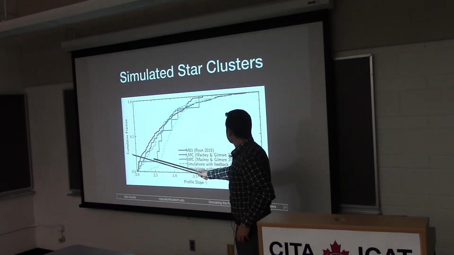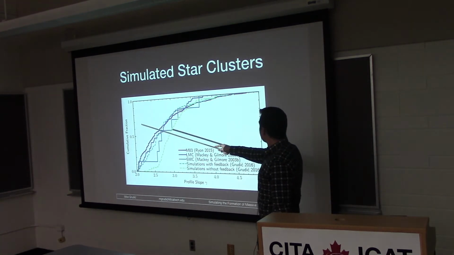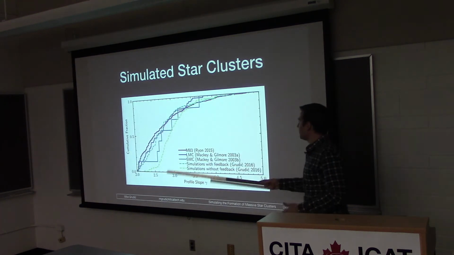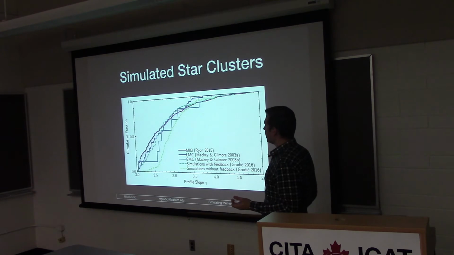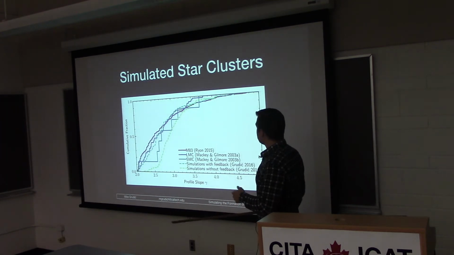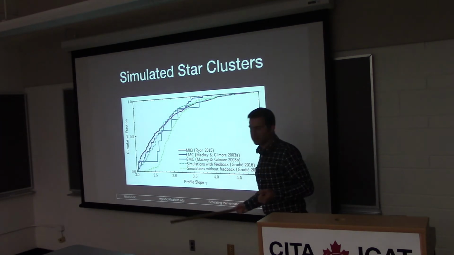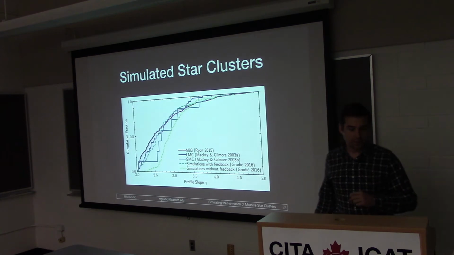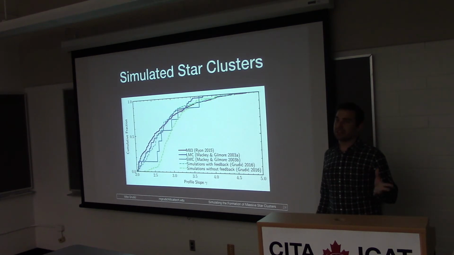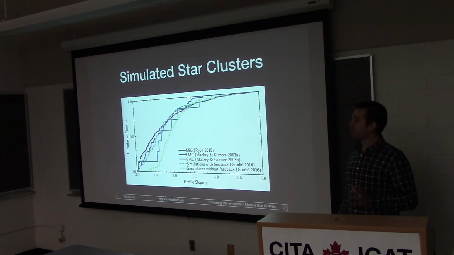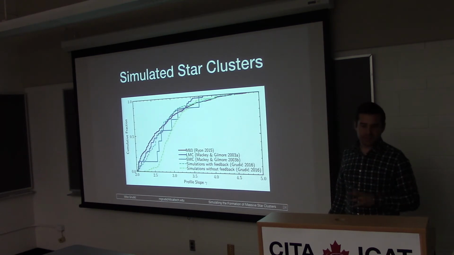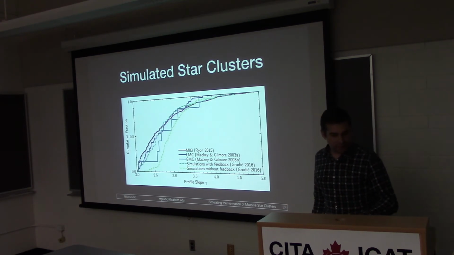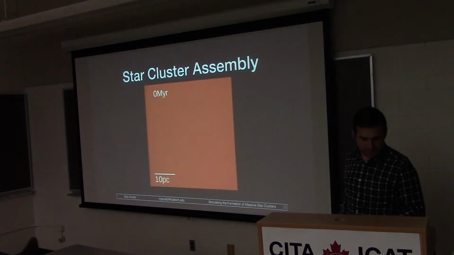And the solid curves are different observed populations of young massive clusters in M83 and the Magellanic Clouds. What we find is that the simulations with stellar feedback get more or less the same distribution of profile slopes. So we can say that at least down to the form of the mass profile, we're getting fairly realistic looking star clusters in a coarse-grained sense.